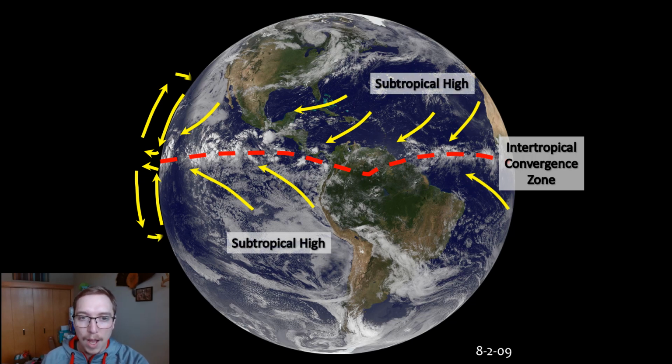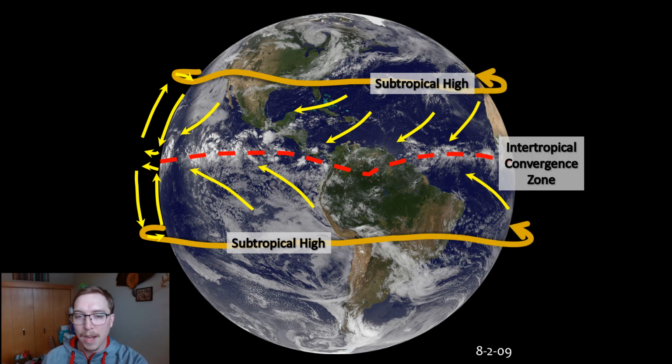We see our subtropical highs. And this is how the system sets up.